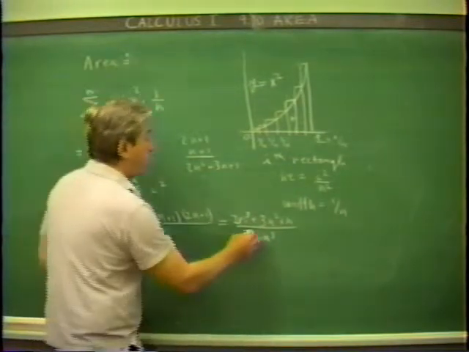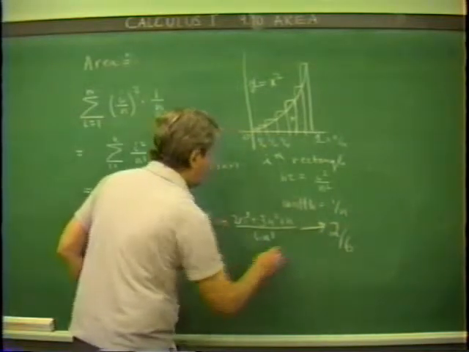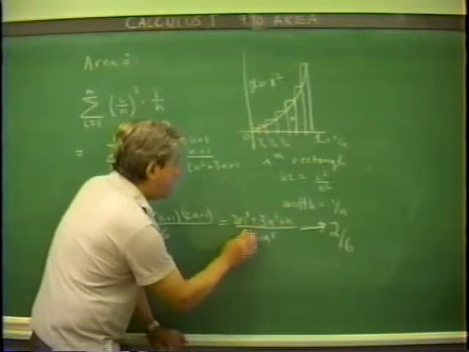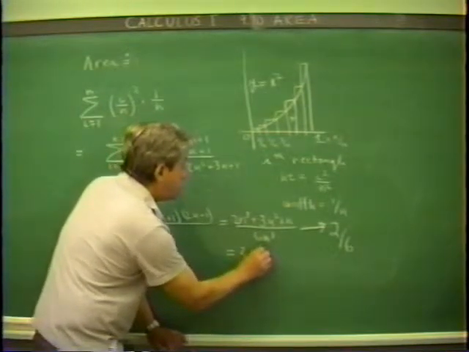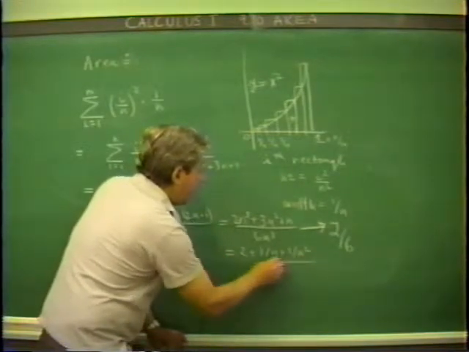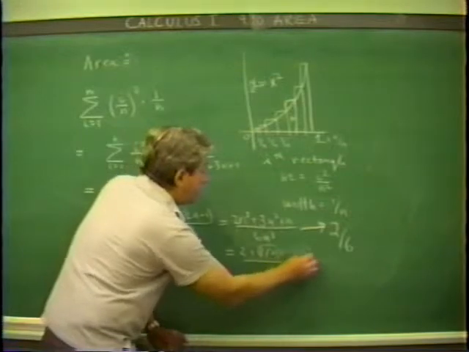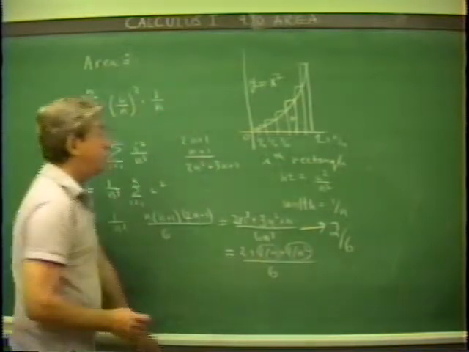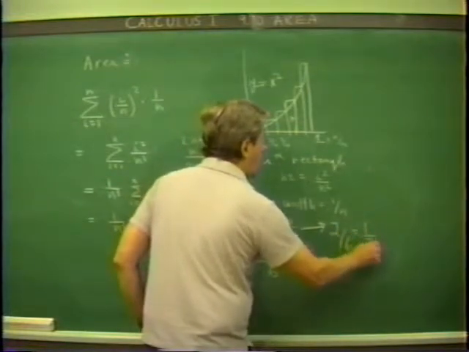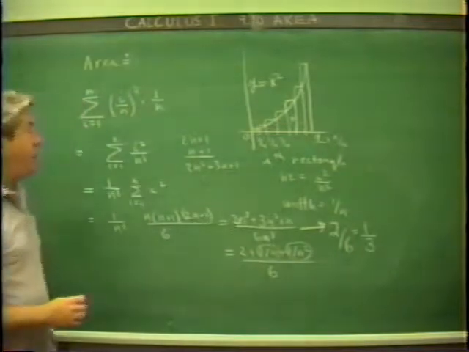Now, if n is very large, you can treat this as if it was x, so that if x was very large, this is going to approach 2 over 6. If you like, dividing numerator and denominator by n cubed, we have 2 plus 3 over n plus 1 over n squared, divided by 6, and as n gets very large, this and this are small, and the resulting quantity is close to 2 over 6, or 1/3.